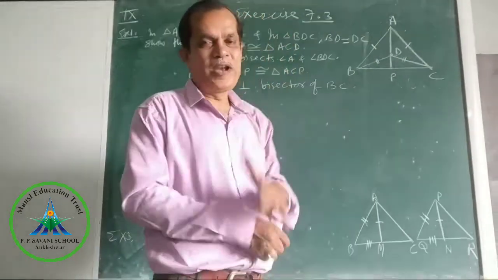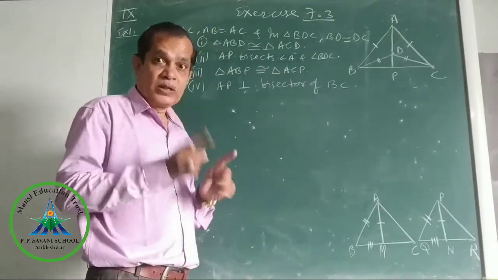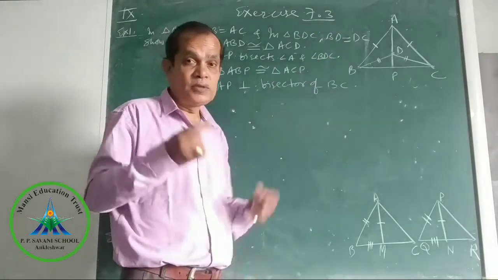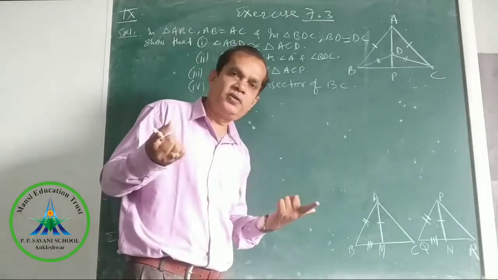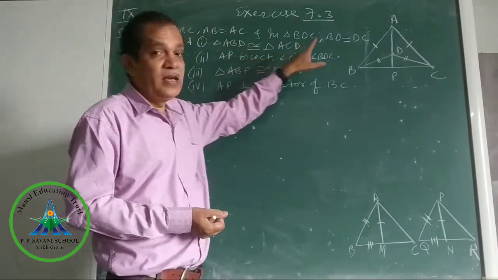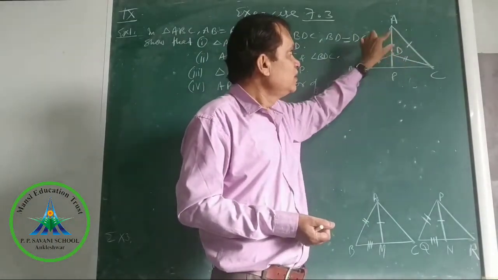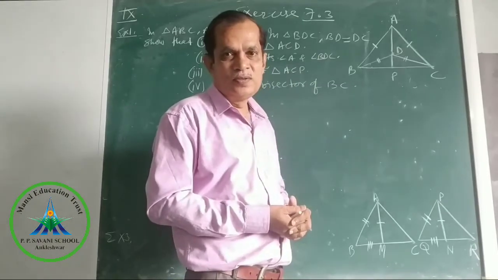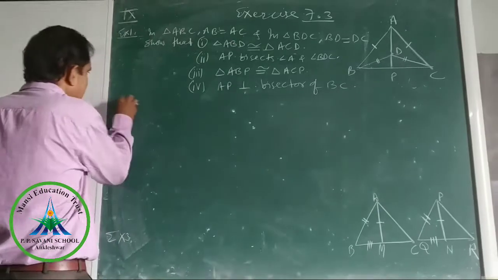In seconds you can read it. If we remember the congruence rules, wherever they are in diagrams, they are readable for us. So first we prove ABD congruent to ACD by the side congruence rule. So you will write it yourself. Now you will write directly.